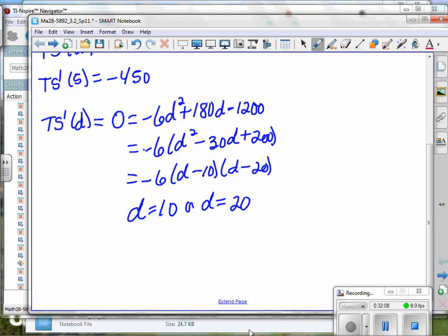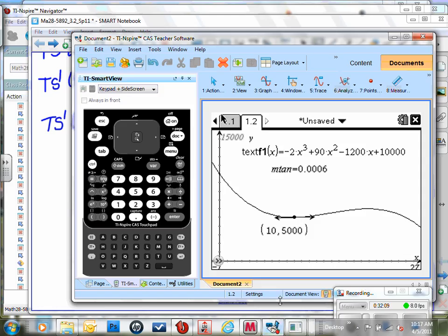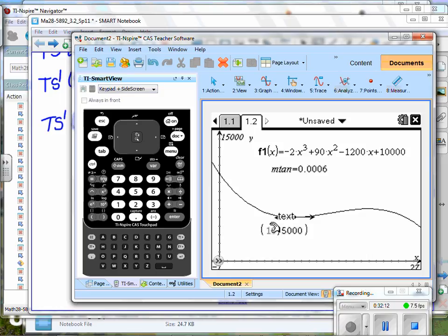Okay, so we go back now to our graph, and we set the input at 10. We get a slope of 0. And if I set it to be 20, I get another slope that's 0. Okay, so I do now know where my turning points are.